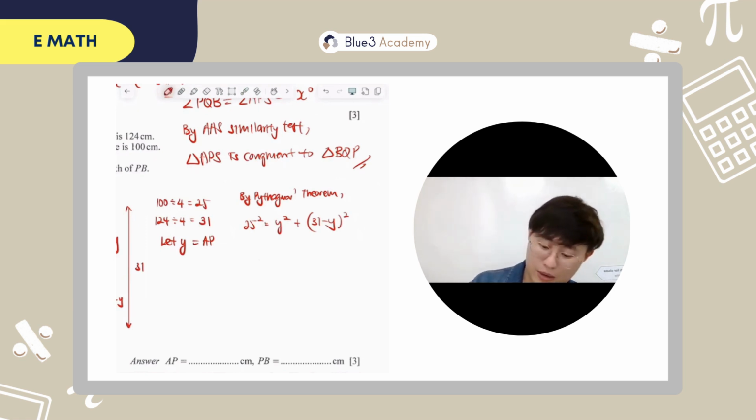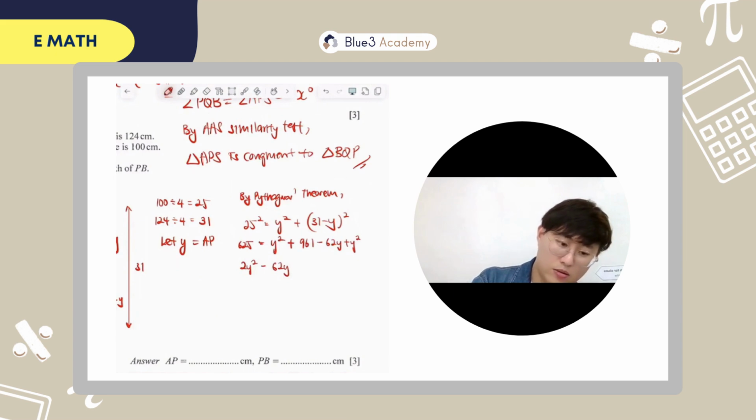I think nothing much to explain really. So y squared, this minus 62y plus y squared. So it's 2y squared minus 62y plus 336 is equal to 0. Simplify it.